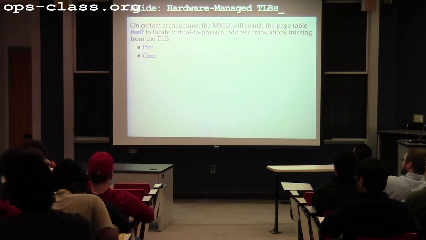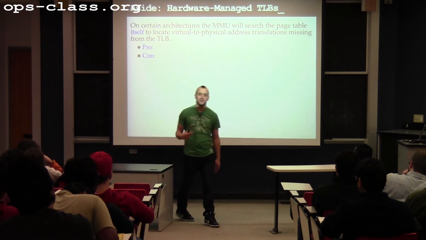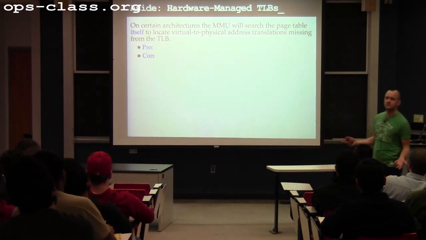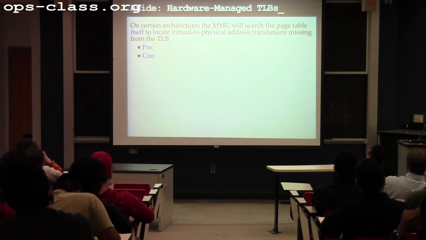If it finds a translation to a page that's in memory, it will load that translation itself. If it doesn't, then it asks the kernel for help. So what kind of faults do we not see on a hardware managed TLB? TLB faults, because they are all handled internally by hardware.